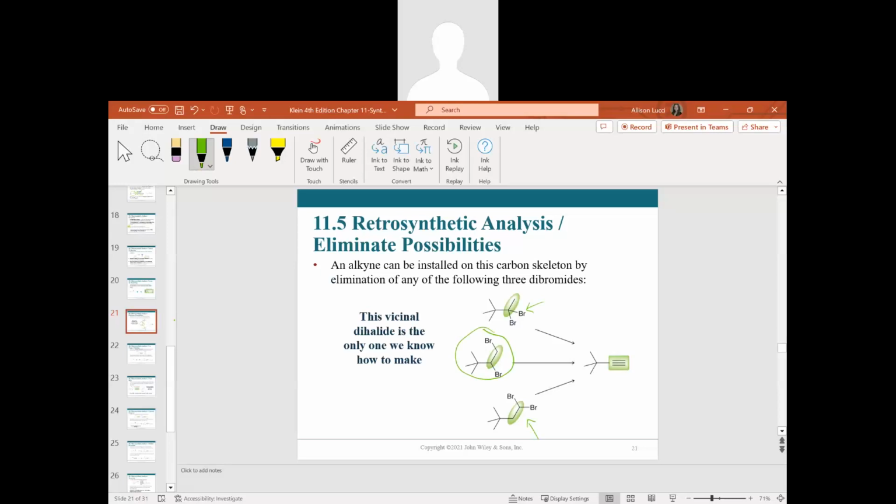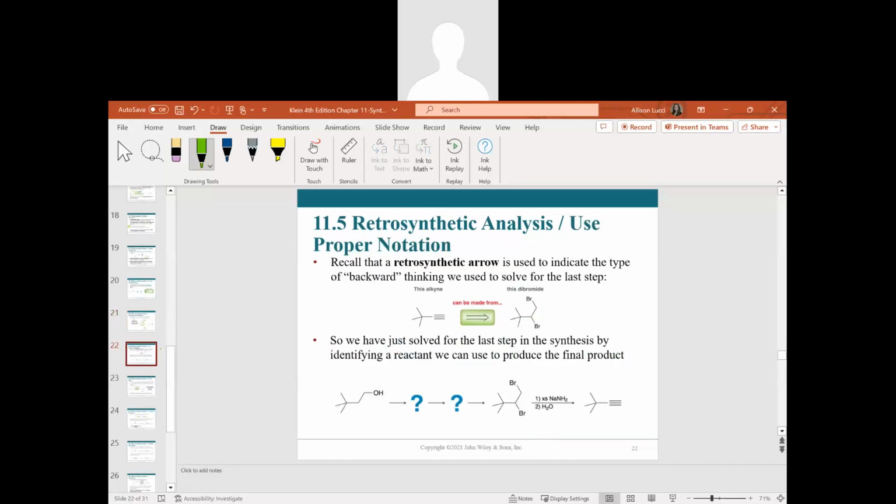So elimination of any of these three dibromides, but the vicinal dihalide is the only one that we know how to make so far. We don't know how to make a geminal dihalide, so that's what this little caveat mentioned here is.